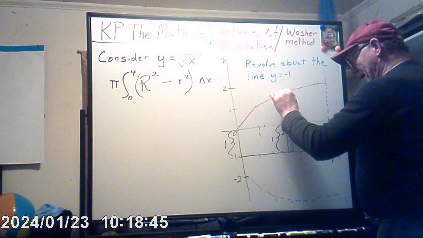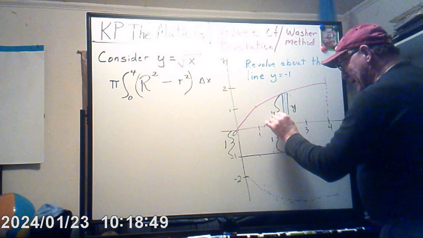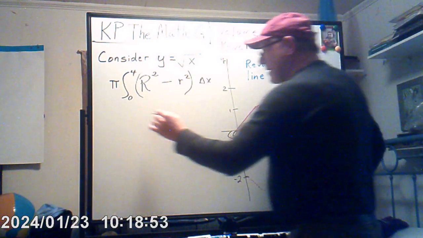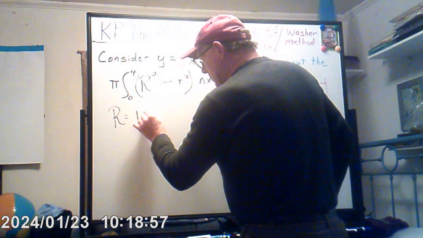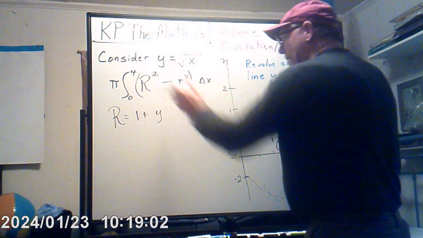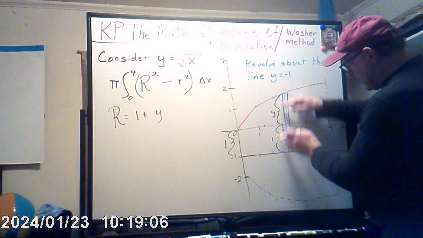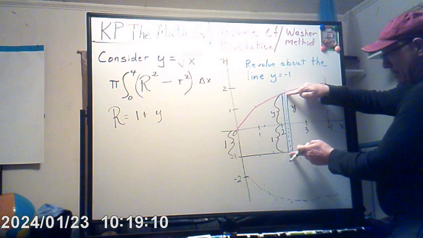This distance from here to here is y. So the whole big radius, big R, is equal to 1 plus y. We're going to square it after a while, but 1 plus this y gives us this entire radius.